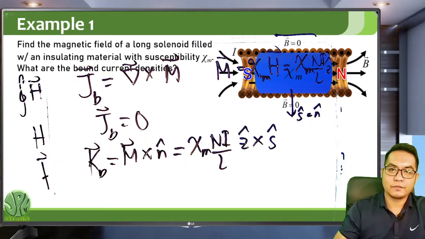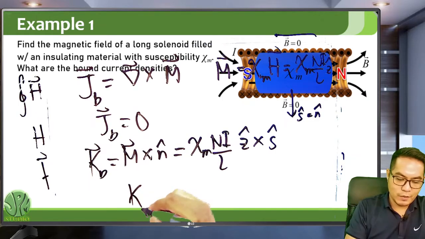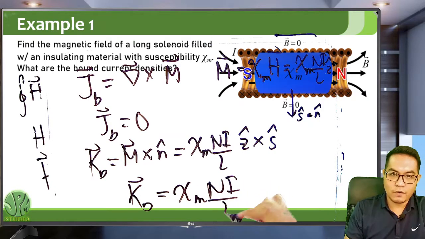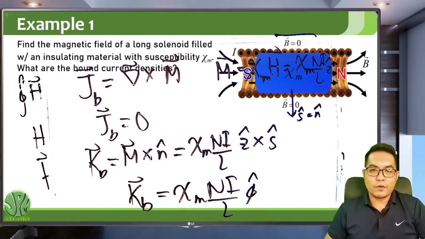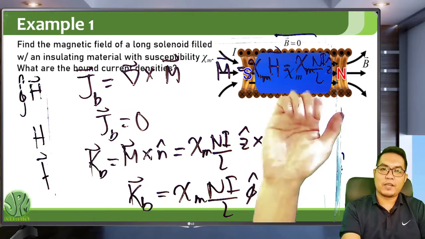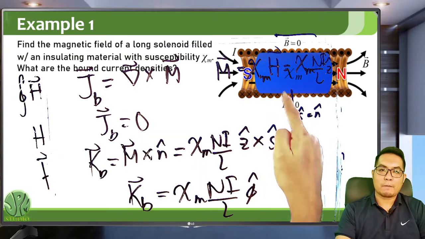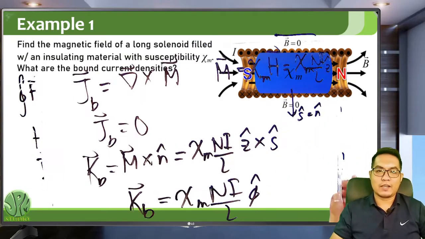That's our N hat, the axis. So Z cross S will give you phi. So K_b will be the susceptibility Ni over L phi hat. So you will notice that the surface bound currents are in the same direction as our free currents. So the free currents are in the phi hat direction, and the surface bound currents at the surface of the insulator are also in the phi hat direction.